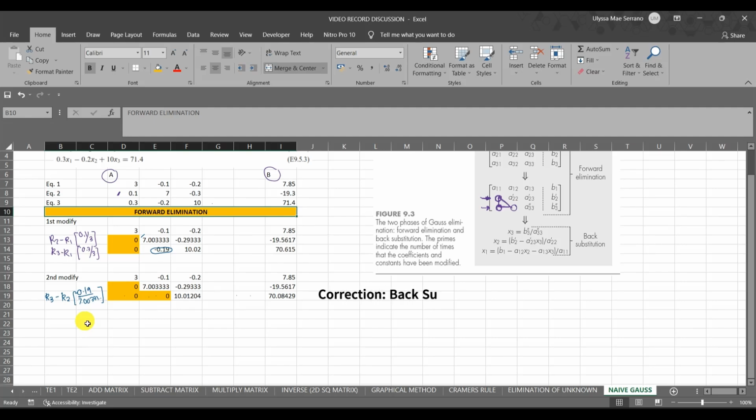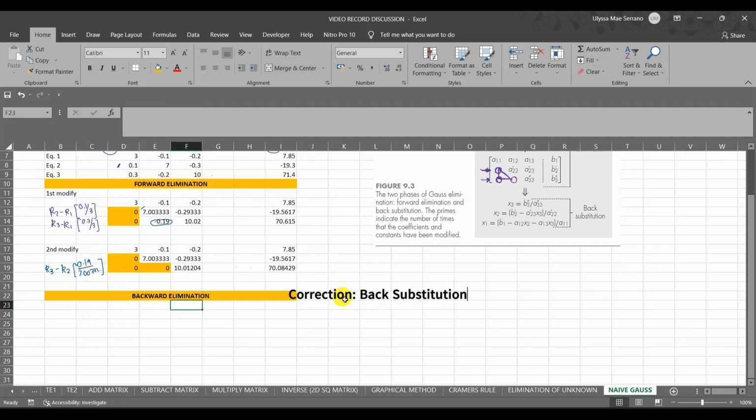And for our backward substitution, we rearrange. We will be able to find the values of x sub 3, x sub 2, and x sub 1. Applying the given equation, this particular value is divided by the coefficient matrix at x sub 3.